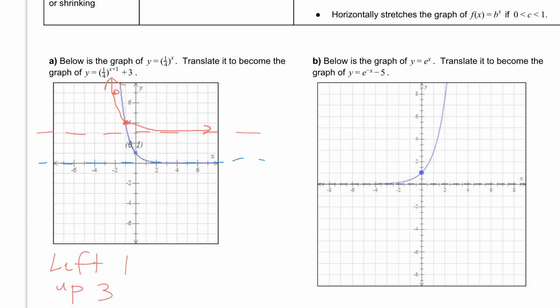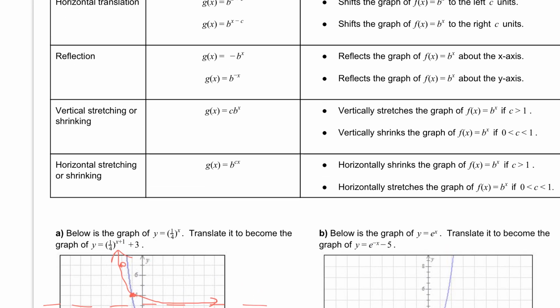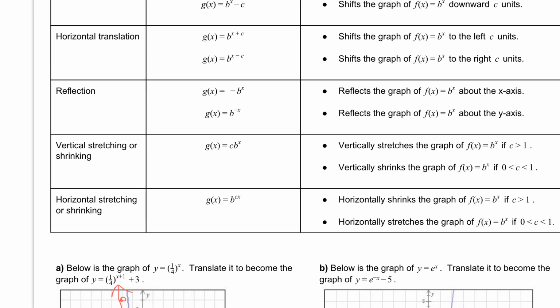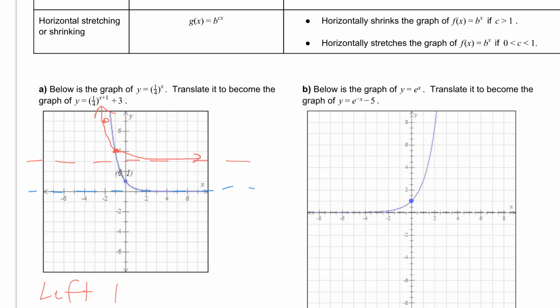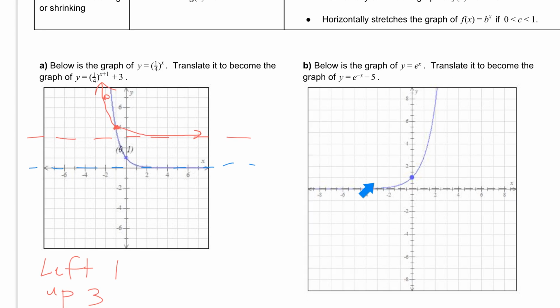If you don't remember that negative up there in the exponent, if we go back and look at our table, the negative in our exponent tells us that we were reflecting about the y-axis. So this graph is going to reflect over the y-axis and come this way. And then we're also moving it down 5.